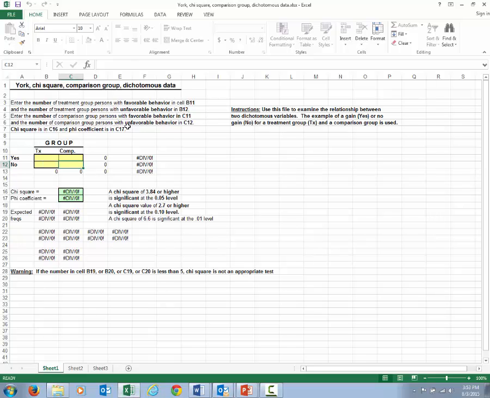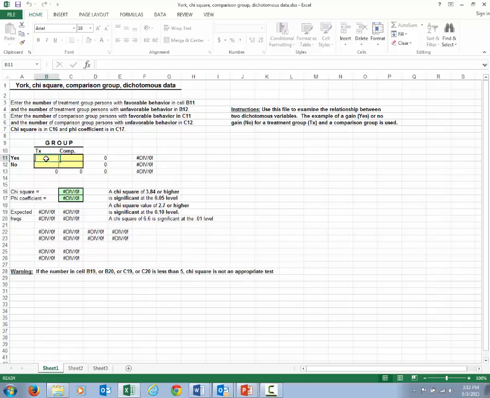If you'd like to pause and read these instructions, you can do that right now. Okay, I assume you have now come back with me after pausing and reading those instructions. Basically, as you see, we have treatment group data in this column, comparison group data in this column, and the question over here is yes or no. In our case, the question is, did the person improve?